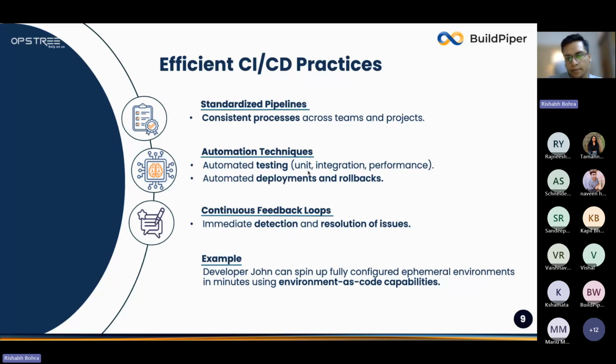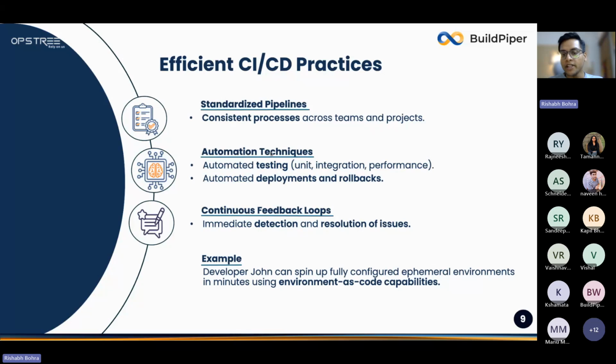As part of efficient CI and CD practices, the ideal goal is to have a use case or scenario, which is listed here under the example section, where developer John can spin up a fully configured ephemeral environment in minutes using environment as code capabilities. This simply highlights that developer John already had these modules created beforehand, and for him it was as simple as using those modules again as part of the workflow, and then getting the deployment right then and there.